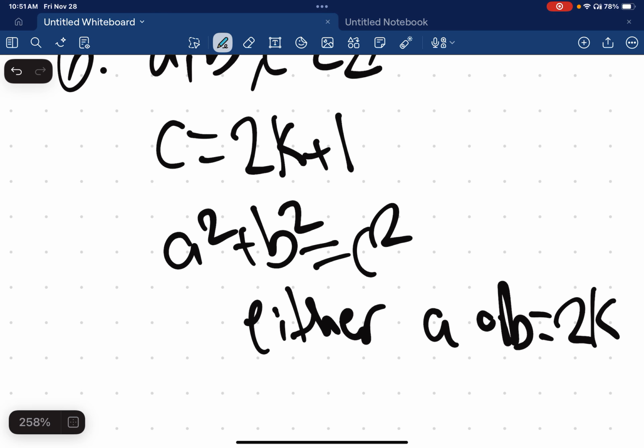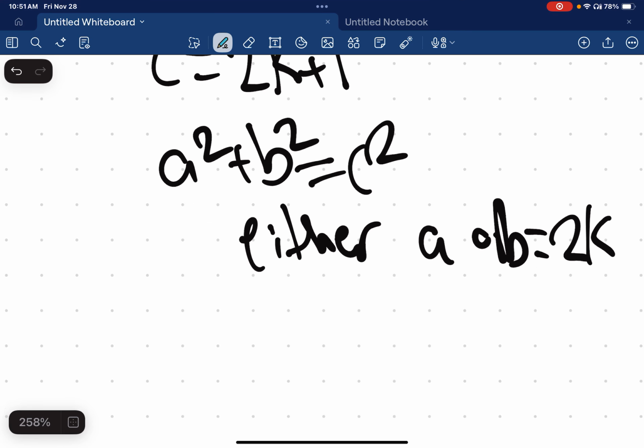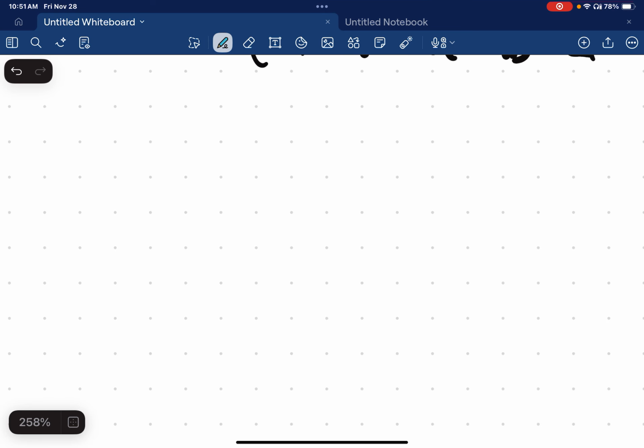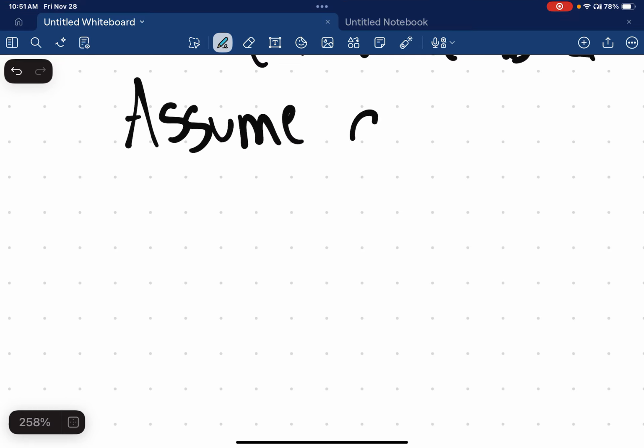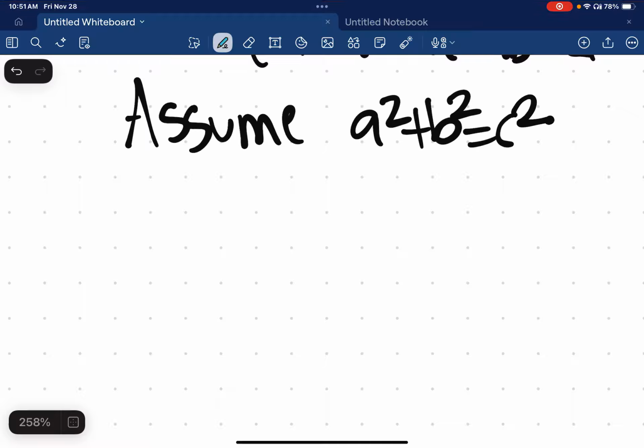For this one, we're going to use contradiction once again. Let's scroll down. We're going to assume that what they said earlier was not true, and that c is still an odd number here.